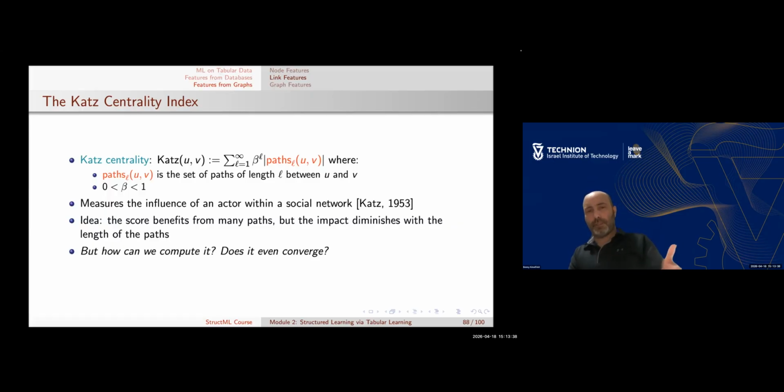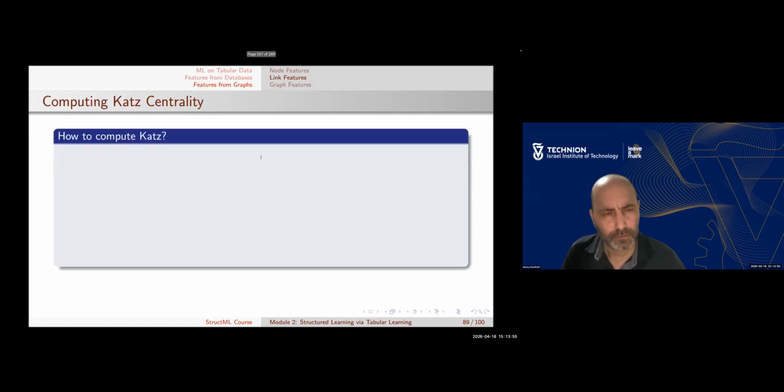Now, the question is, what do we do with this infinite summation? How can we compute it? Does it even converge? These are good questions, and there's a nice trick that we can use.